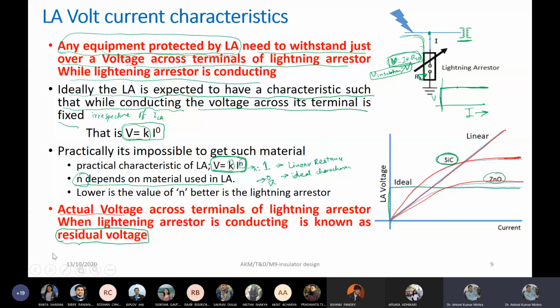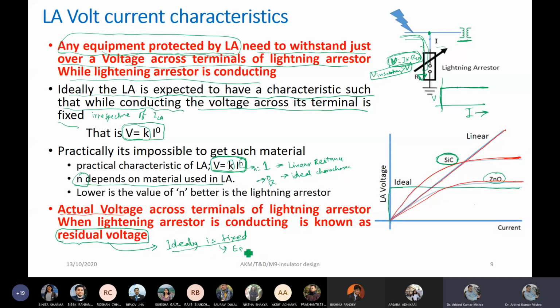The residual voltage of a lightning arrester is the voltage across the lightning arrester when it conducts. Ideally, this residual voltage is fixed, irrespective of the current flowing through it.